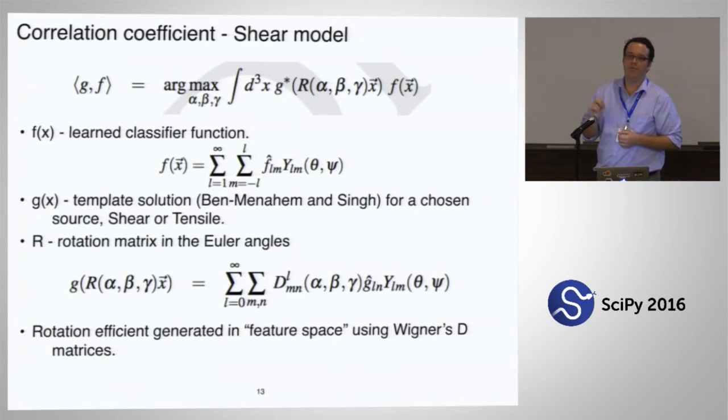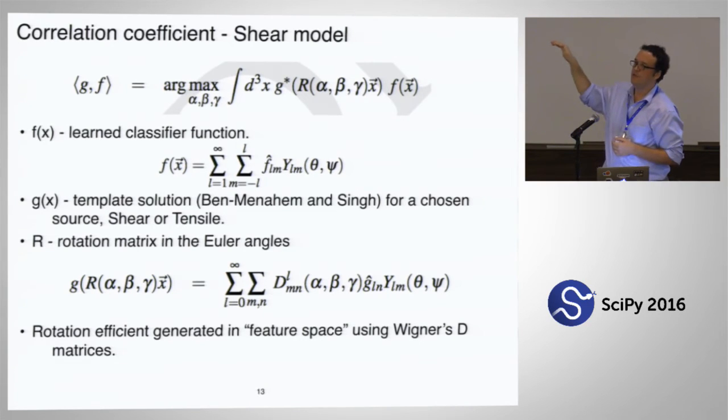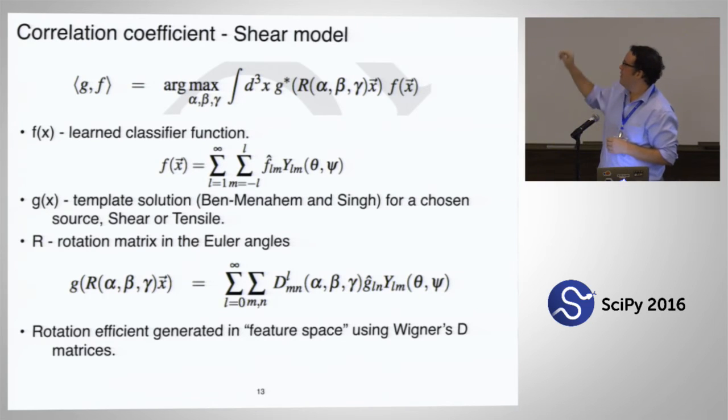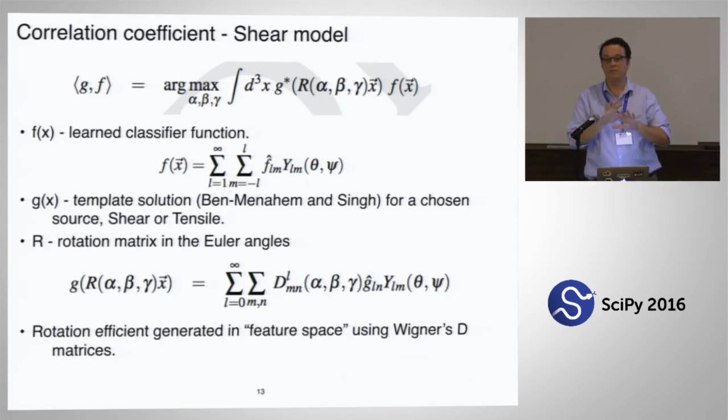So if we wanted to solve our problem of finding the best shear model, given our set of observations, all we have to do is take our template solution, so we know the spectral content of a shear model in a particular orientation, take our learned solution from the classifier, which we know in terms of a spectrum of these spherical harmonic functions, and find some rotation that would maximize the correlation between the two.